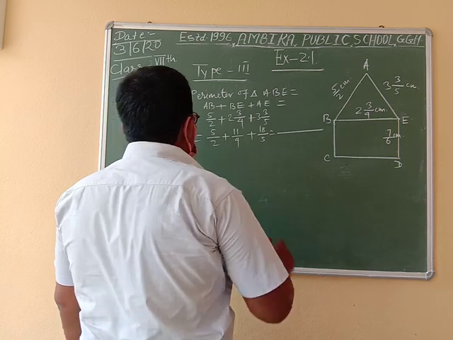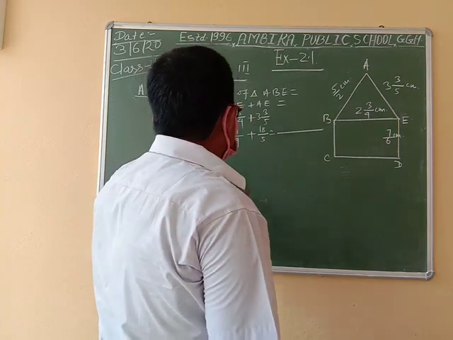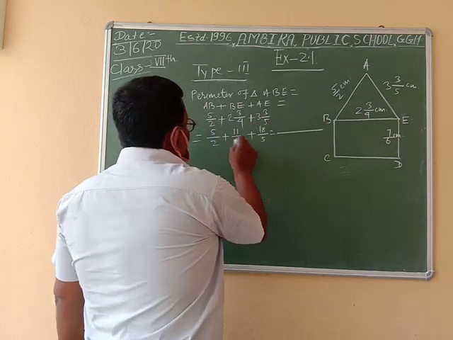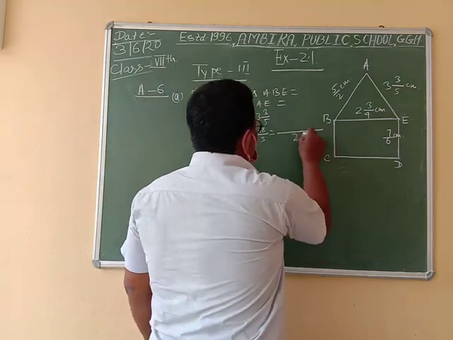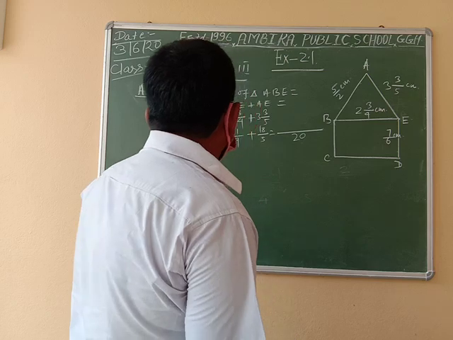Solving, 5 by 2 plus 11 by 4 plus 18 by 5. LCM of 2, 4 and 5 is equal to 20, so it will be 20 centimeter.